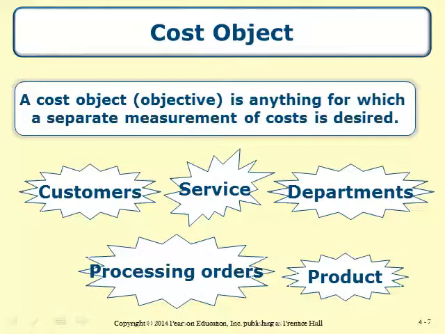That's whatever a cost objective is. It's anything that's a separate measurement of cost. And so we may decide that we want to collect cost and be able to report on them by customer, or by service provided, or by department, or perhaps by functional areas such as processing orders, or finally by product.